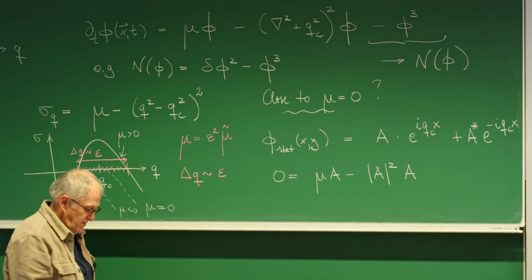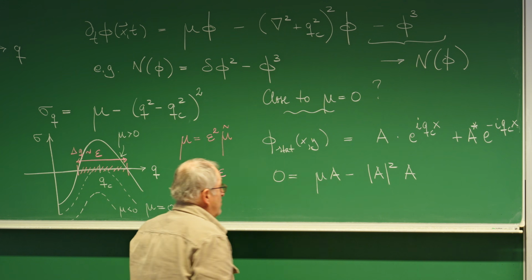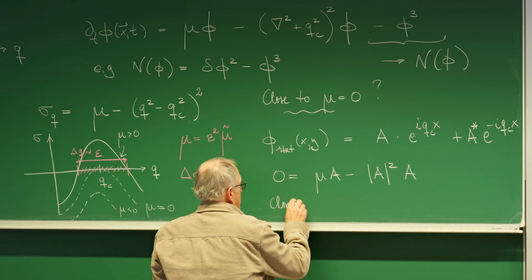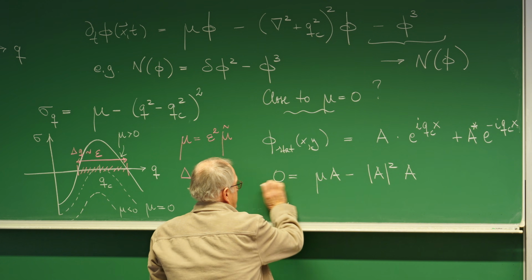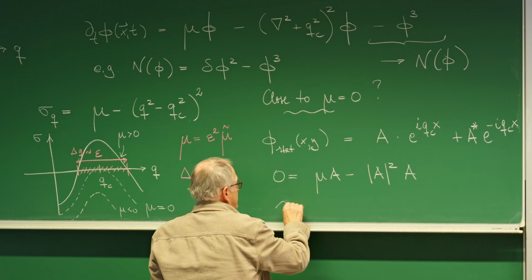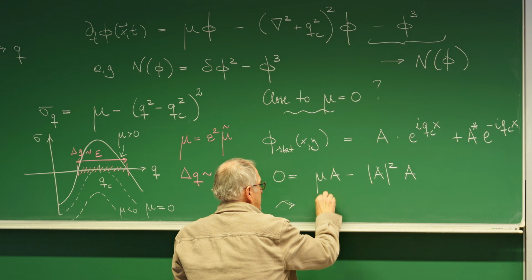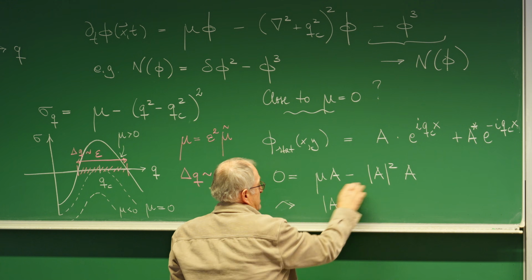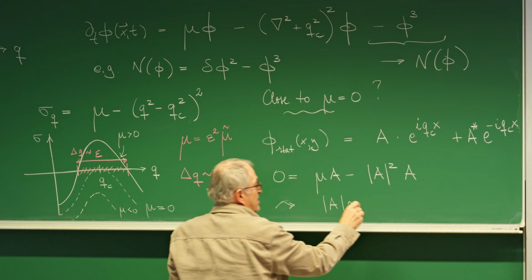That equation, when you study it close to the bifurcation point, you can directly solve it. If you look at it, it will give you that A scales like the square root of mu.